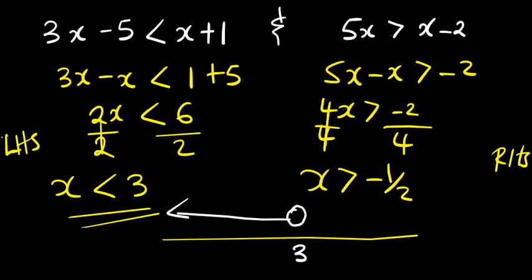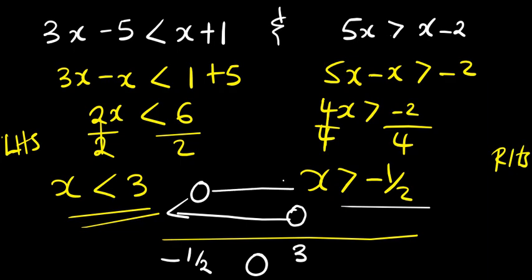Okay, and then the other values of x are x is greater than negative half. Let's say negative half is somewhere here. The negatives are here, then there's a 0 here. So x is greater than negative half. So I'm also going to put an open circle because negative half is not included.